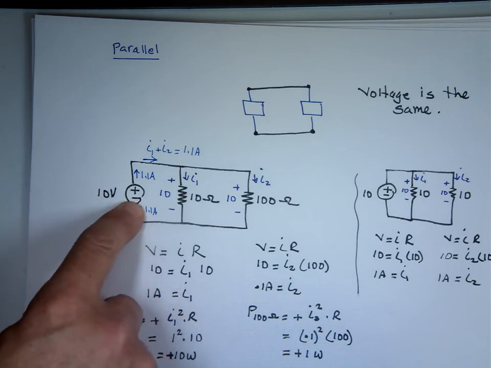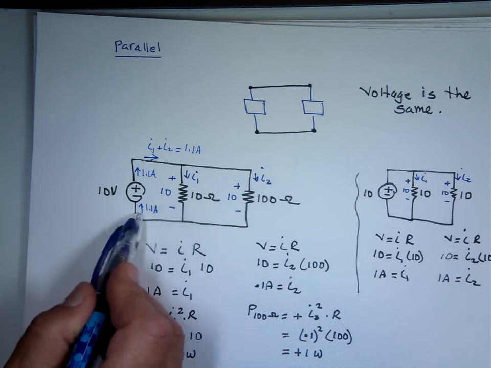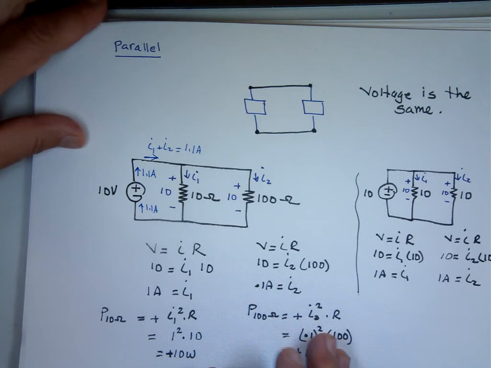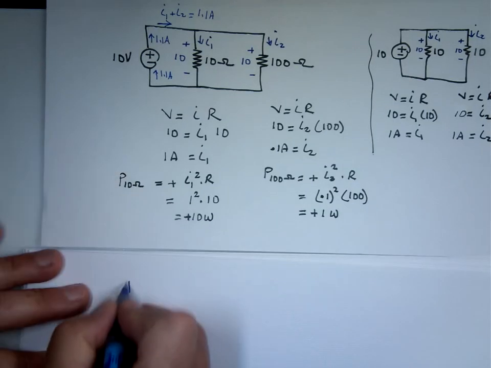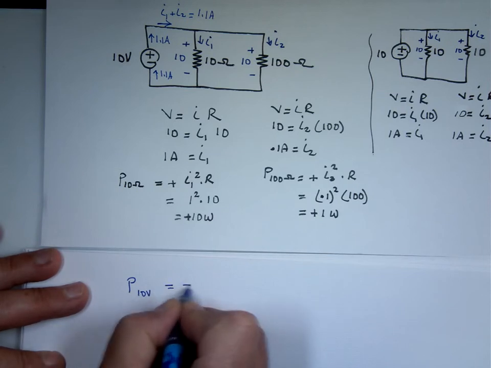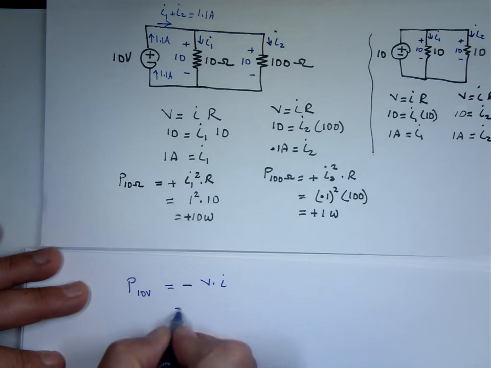What do you think about the power by this source? Is it absorbed or supplied? Supplied. So the power by the source, it's negative V times I. Negative V, which is what? 10.